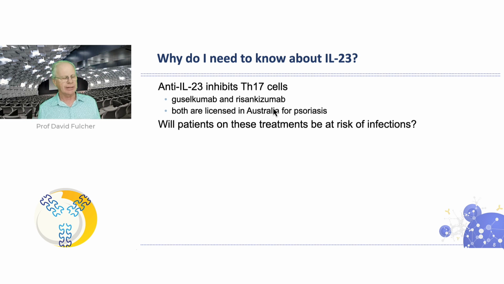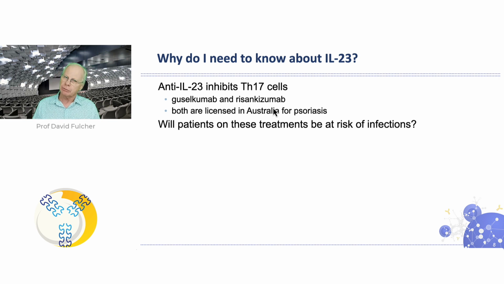I'm sure they're licensed in other countries, no matter, depending on where you're listening to this. And so we need to know what interleukin 23 does for that reason. So we know that Th17 cells are important in psoriasis. And so therapeutic antibodies to interleukin 23 can help in that condition.